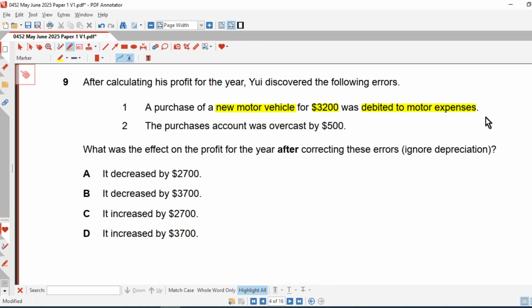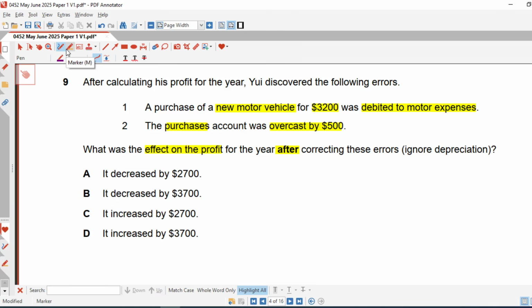Number two, the purchaser's account was overcast or overstated by 500. So, what was the effect on the profit for the year after correcting these errors? Ignore depreciation. So, let's look at the first one.